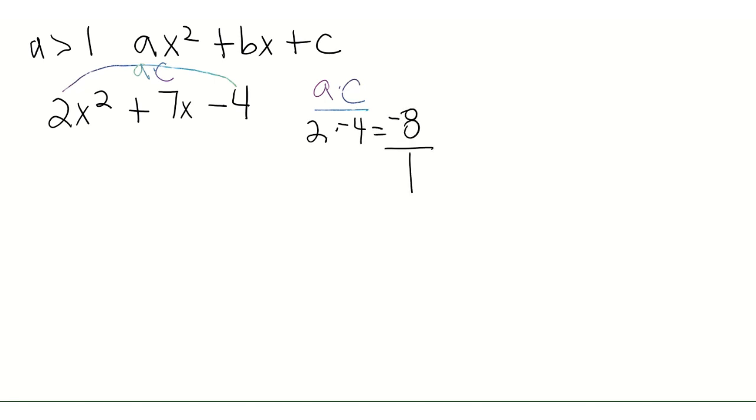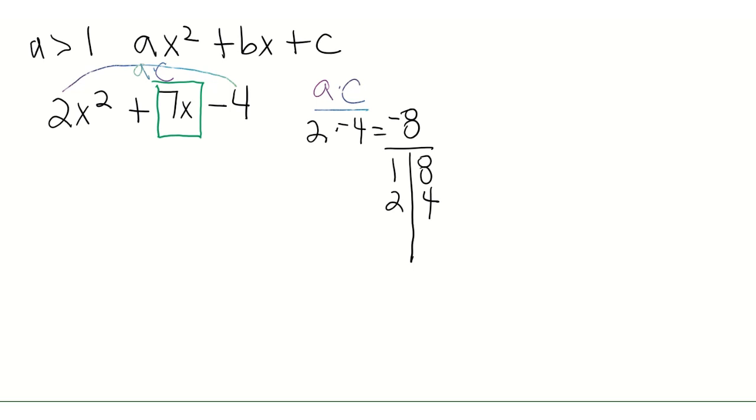We're going to get those factors. So that's 1 and 8, 2 and 4. And now we want those factors that when we add them up are going to end up giving us a positive 7.